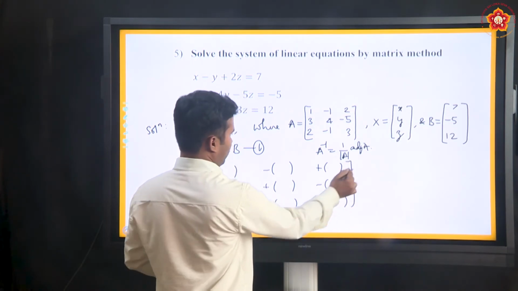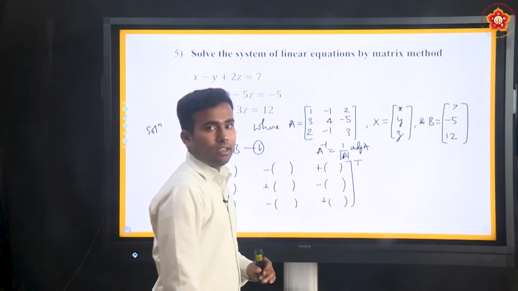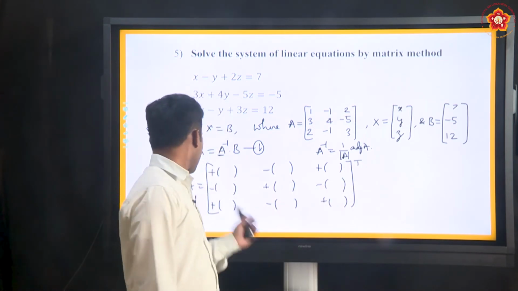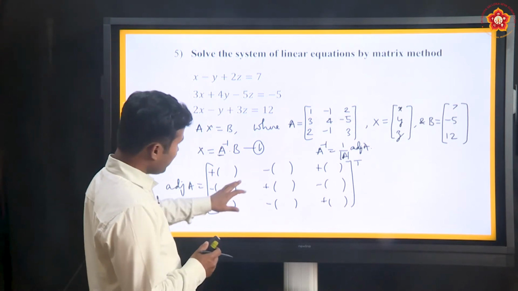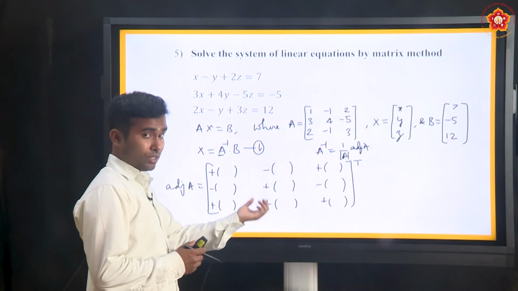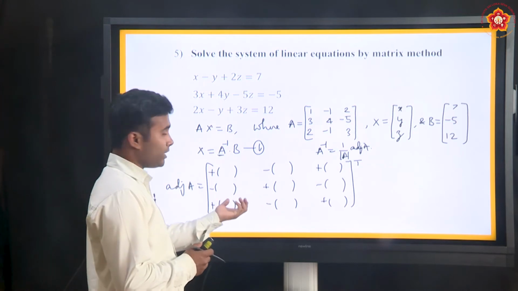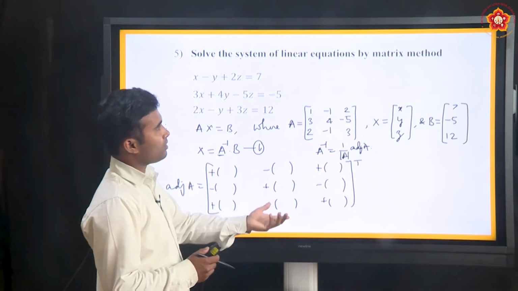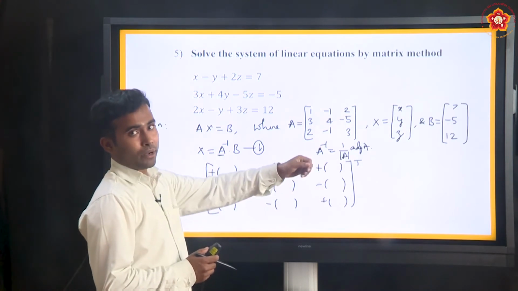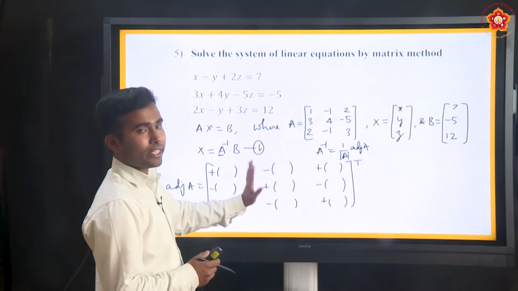This is the cofactor matrix. If you take the transpose of this, it gives rise to the adjoint of the matrix. Be careful and conscious while finding the cofactor matrix, because here itself the solution may change.